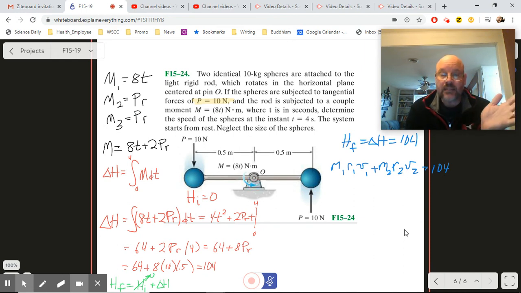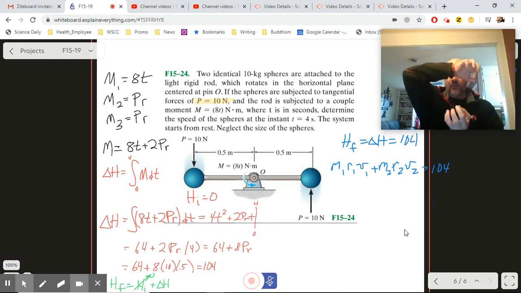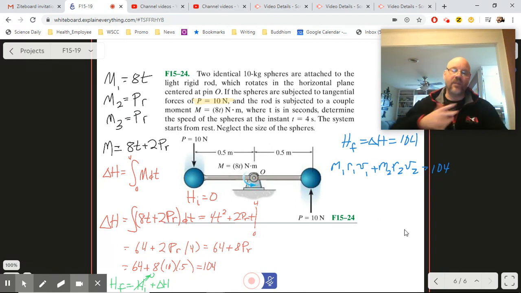Fortunately, the r's are the same, the m's are the same, and the velocities will be the same too. Now, if for some reason the velocities weren't the same, then we'd have some kind of weird thing where one of the balls could catch up with the other one. And they're rigidly attached, so we don't expect that at all.